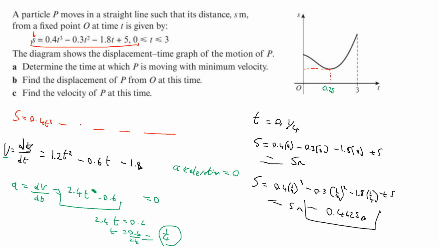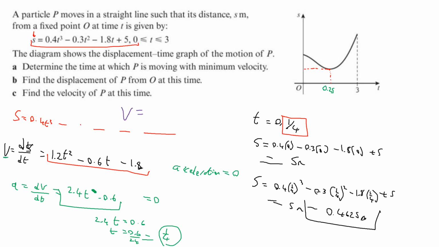What's our velocity going to be at this time? Well, we know that the velocity is equal to 1.2t squared minus 0.6t minus 1.8. So what we're going to do is just plug in a quarter. I'll write it in purple so that you guys can see.